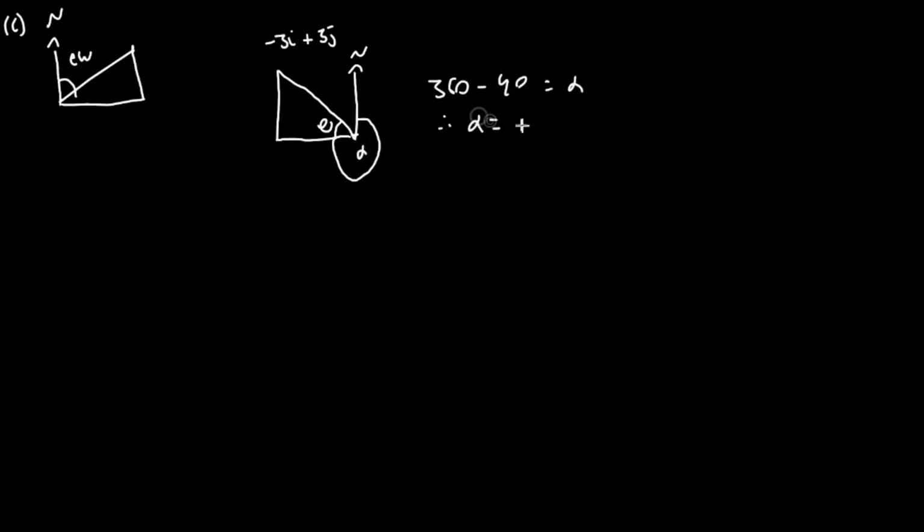So alpha equals 360 minus 90, 270. Now I know this is going to be 3, and this is 3. So I have an opposite and an adjacent. So I can say that tan theta equals opposite over adjacent, 3 over 3. So theta equals tan to the minus 1 of 1. So theta equals 45 degrees.